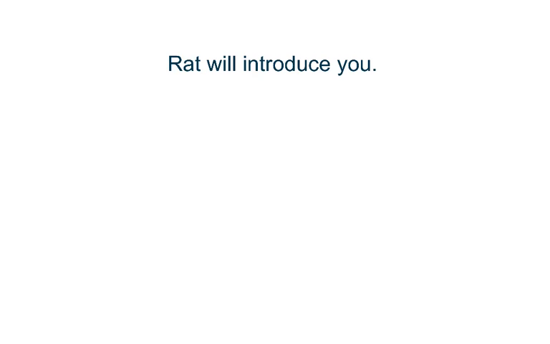Rat will introduce you. Who is doing the introducing? Rat is the subject. What will Rat do? He will introduce. So we have a verb that also happens to be the predicate verb because it's an action. Who will he introduce?